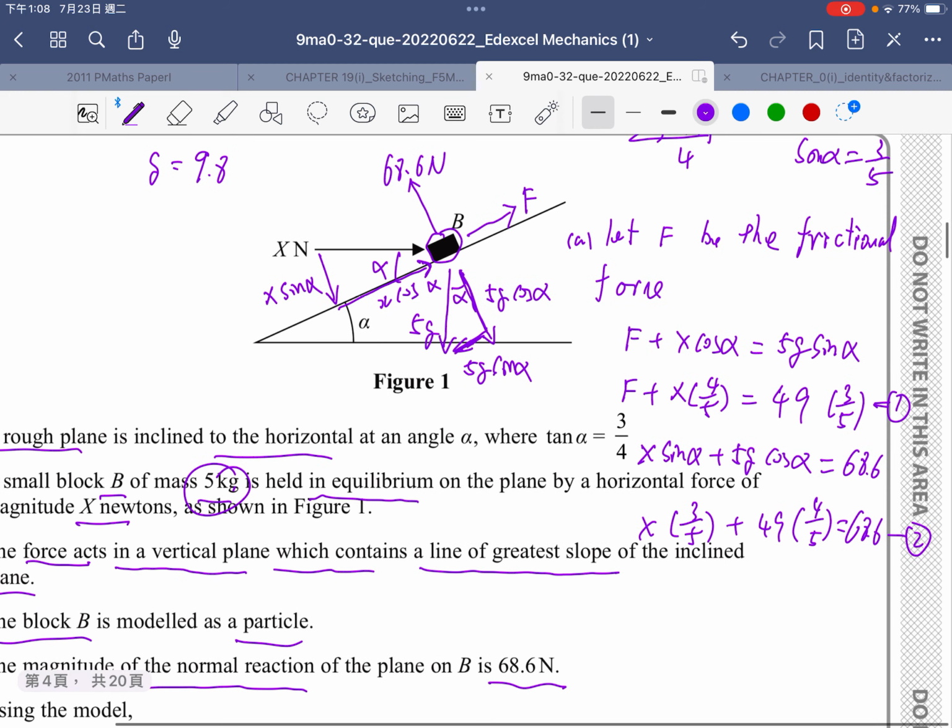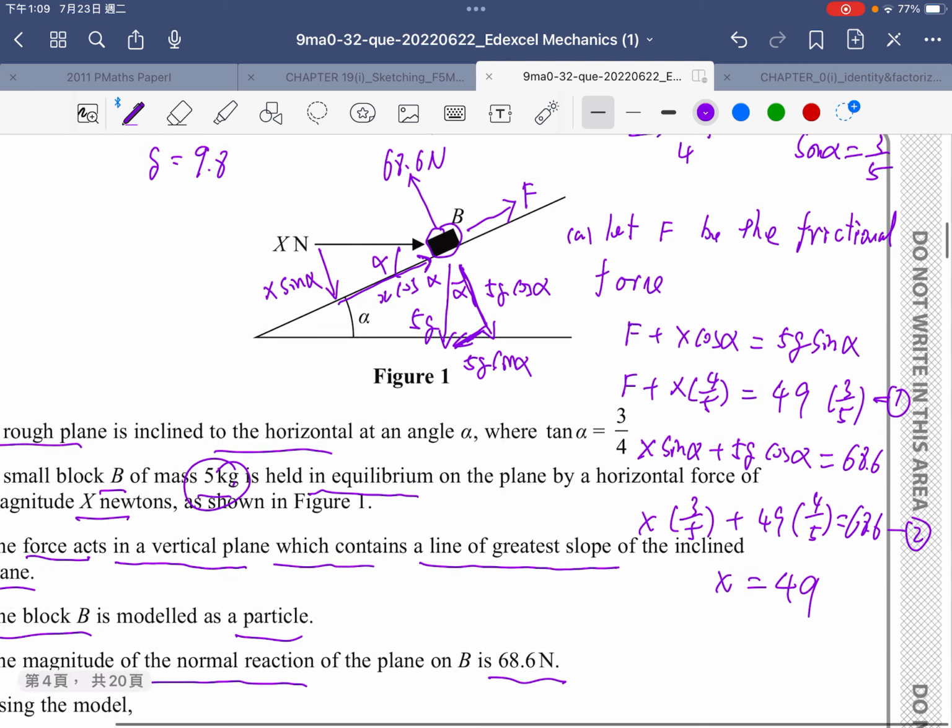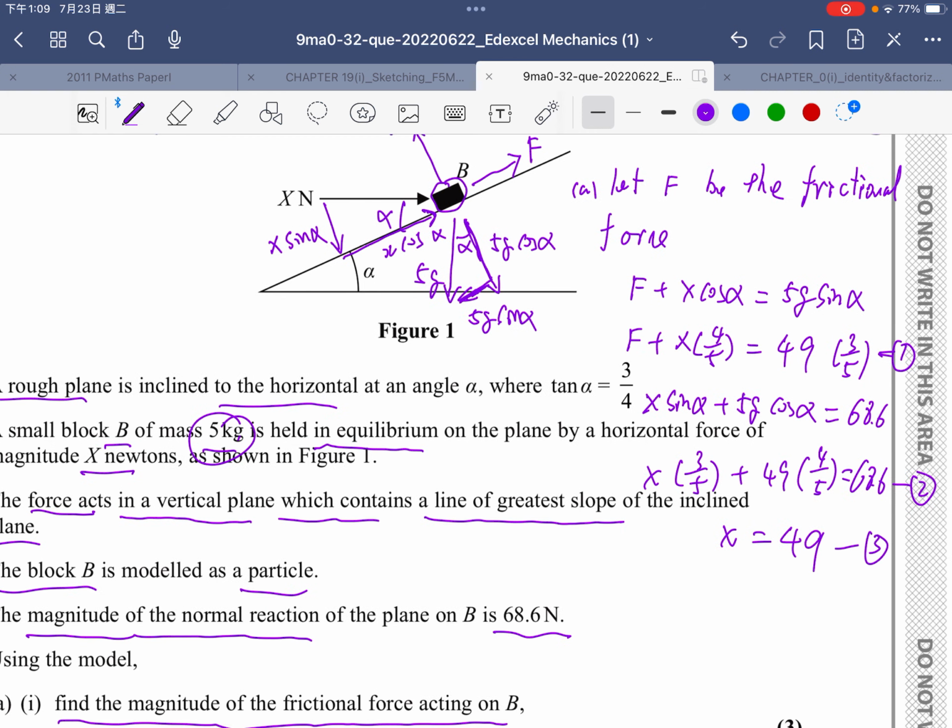After solving, from equation 2, x by direct calculation is equal to 49. Then this is equation 3.